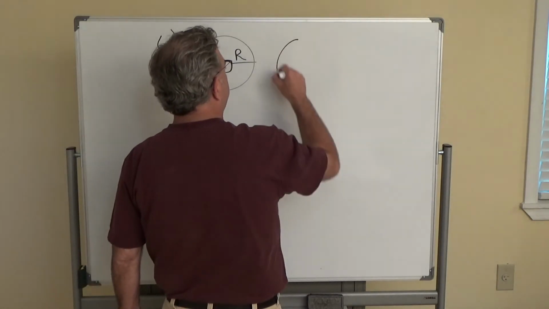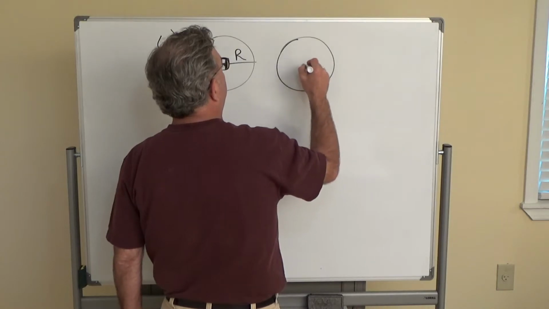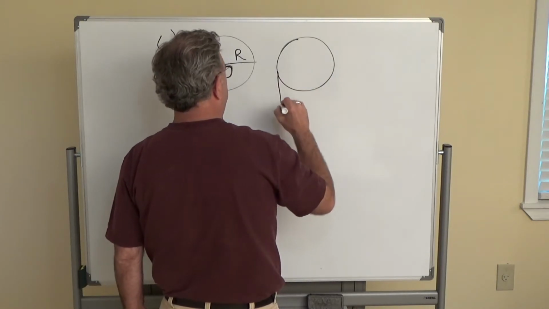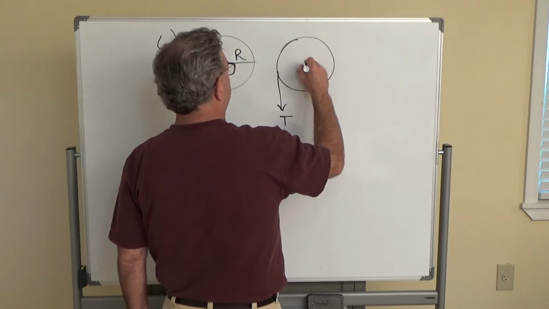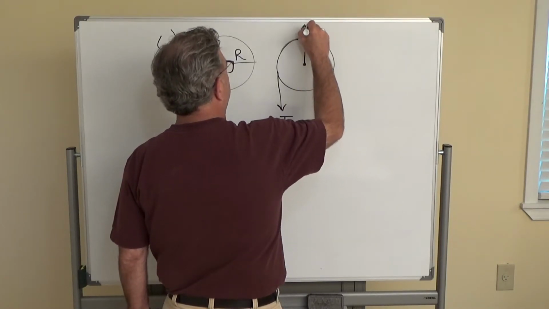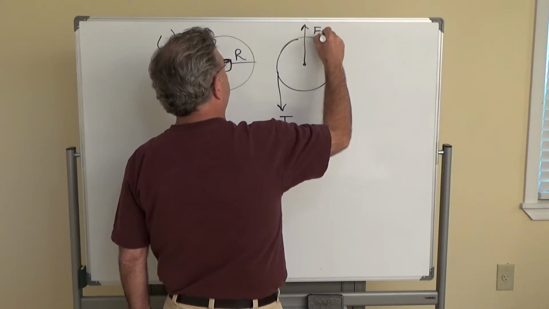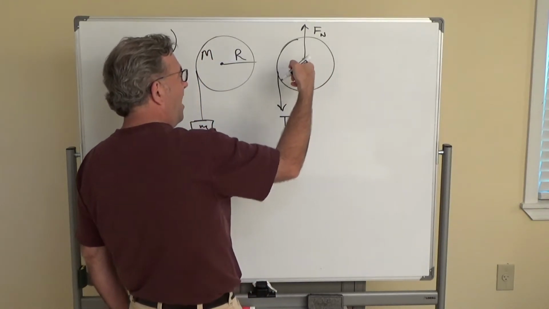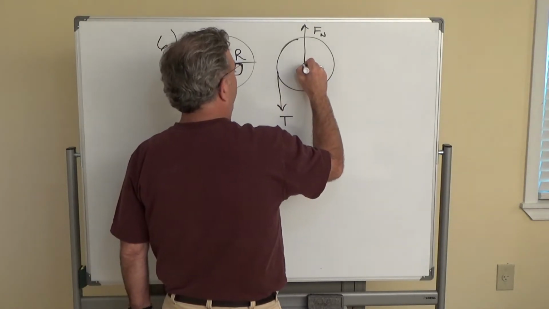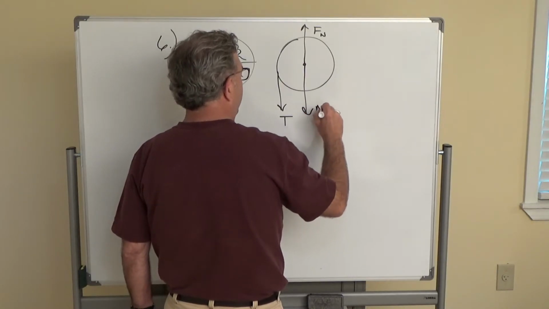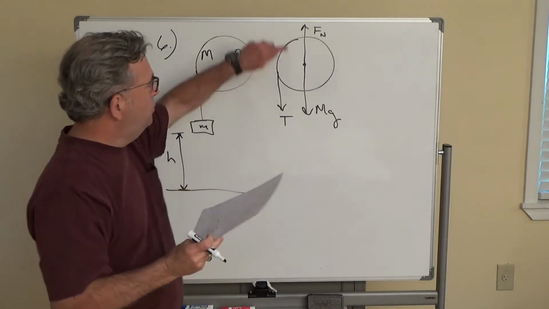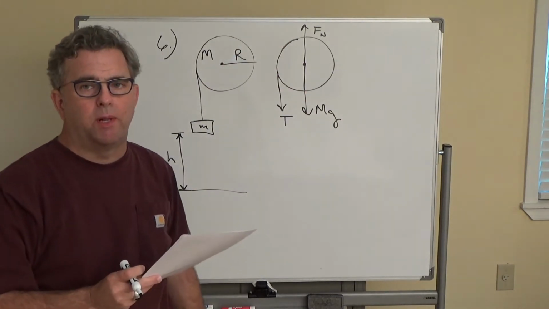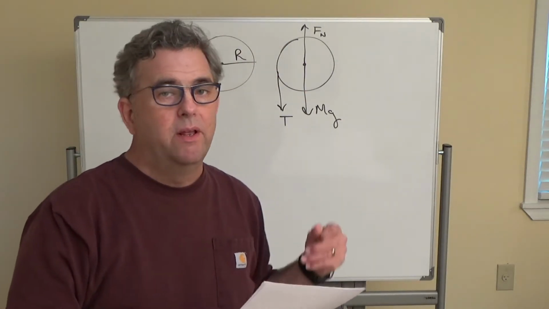For the disk, we have the tension, and there is a support force. I'll just call it a normal force. I think it's some sort of axle through here, and then big Mg. These two forces are not going to play a role in this problem.